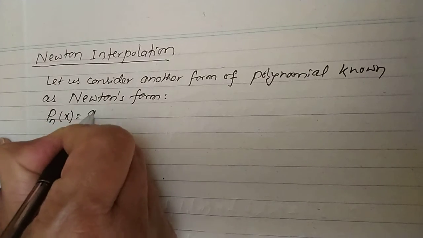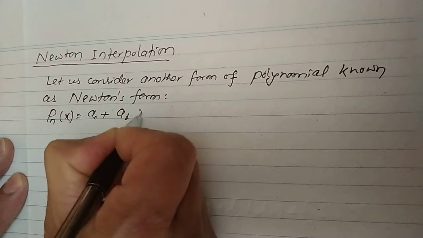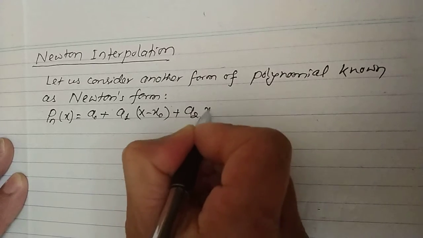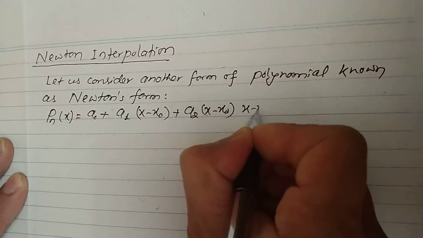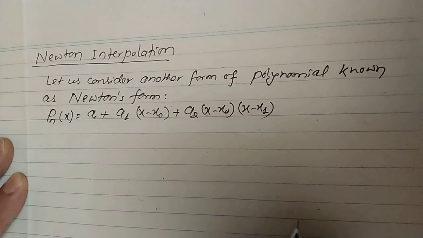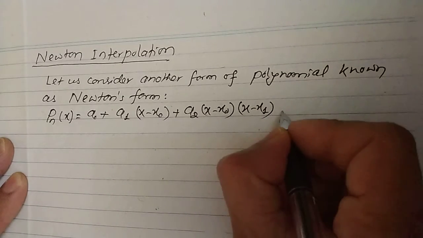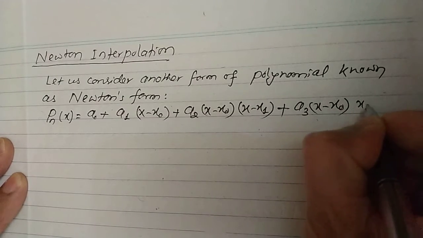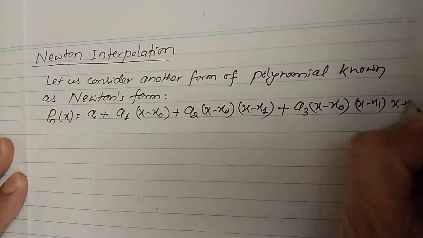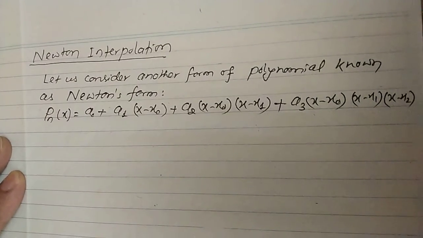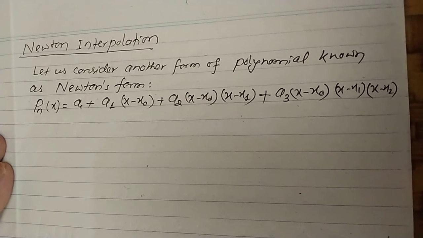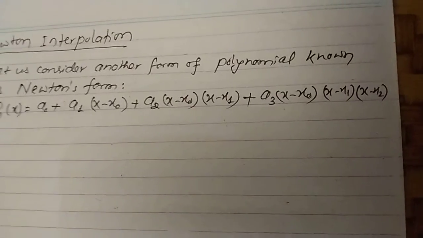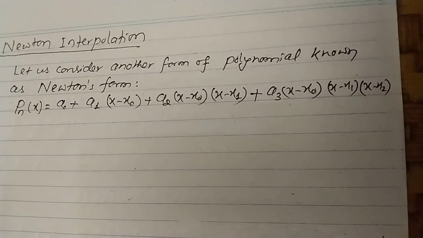Pn(x) equals a0 plus a1(x minus x0) plus a2(x minus x0)(x minus x1) plus a3(x minus x0)(x minus x1)(x minus x2).